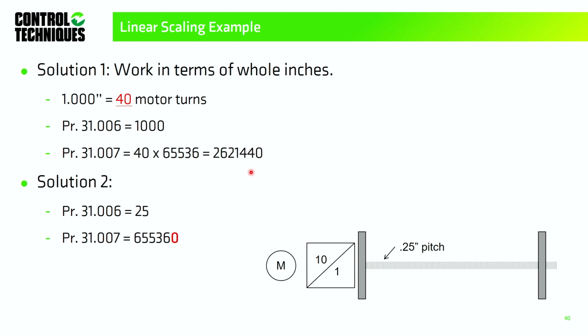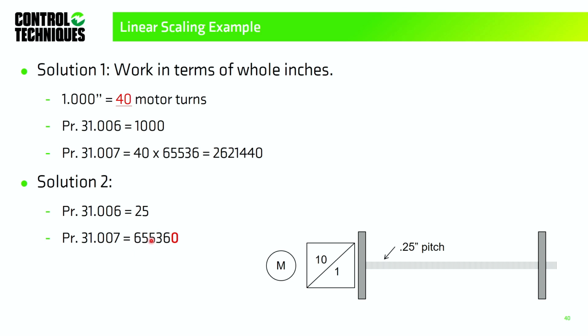It doesn't change the fact that one motor rev is still 0.025 inches. It's just fitting that relationship into an integer setting for these 2 parameters. So that's one option. The other one is to set 3106 to just 25 and then add a 0 to 3107.